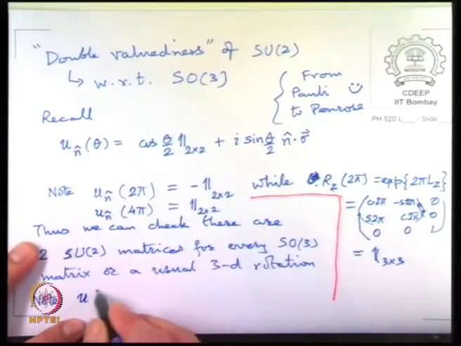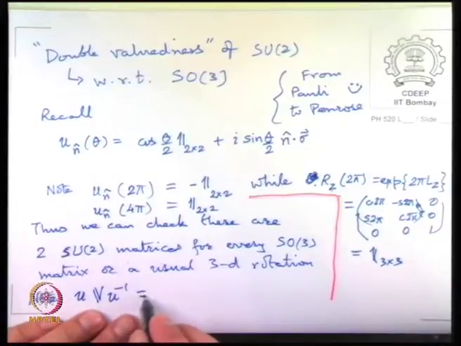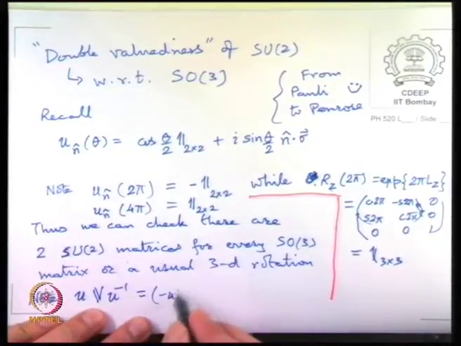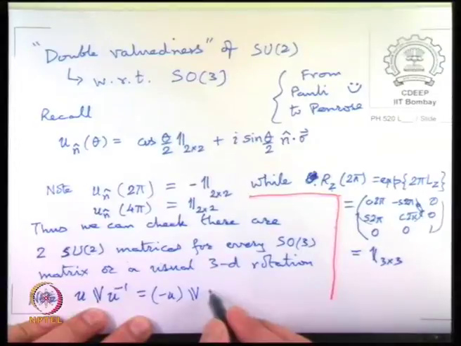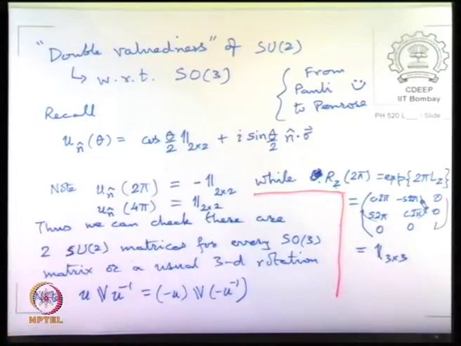U V U inverse, which is how you transform any V, is the same as minus U V minus U inverse. So if U carries out the required rotation, so does minus U, and minus U is actually a distinct matrix, it is not just U itself.